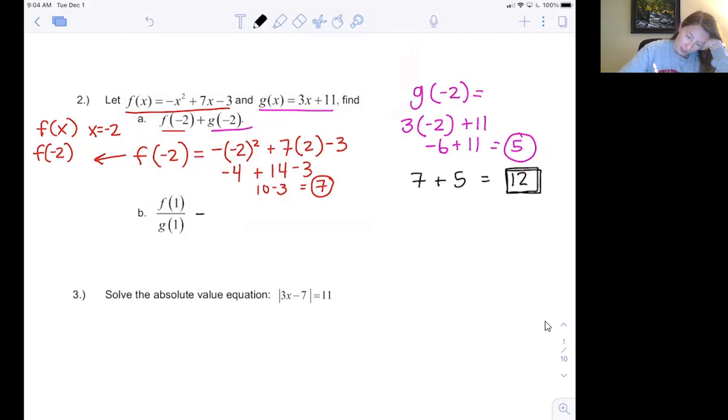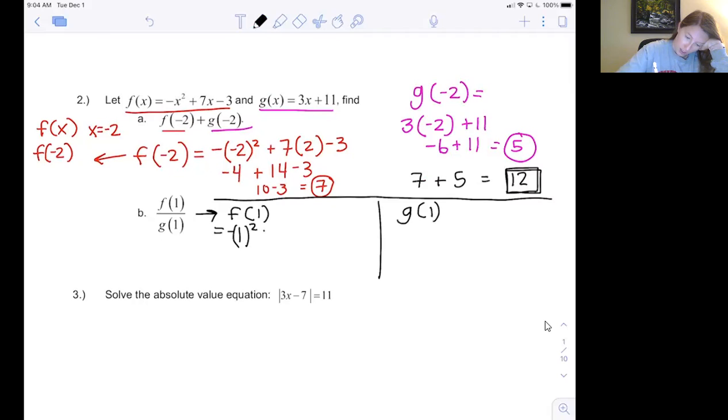Okay, for this one, we're doing the same thing. First I'm going to find f of 1, and then I'll find g of 1, and then we'll divide them together. Same thing: negative 1 squared plus 7 times 1 minus 3. 1 squared is a positive 1, but then I've got negative on the outside, so it's negative 1 plus 7 minus 3, which is 6 minus 3, which is 3.